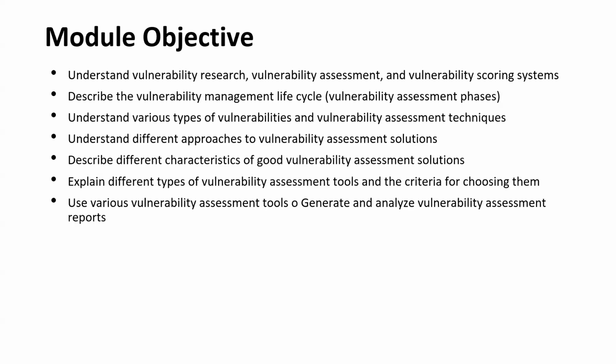So we need to identify our assets. Then we need to assess the vulnerabilities. Once the vulnerabilities have been identified, we need to prioritize which vulnerability we should close first. And then we should plan the countermeasures.